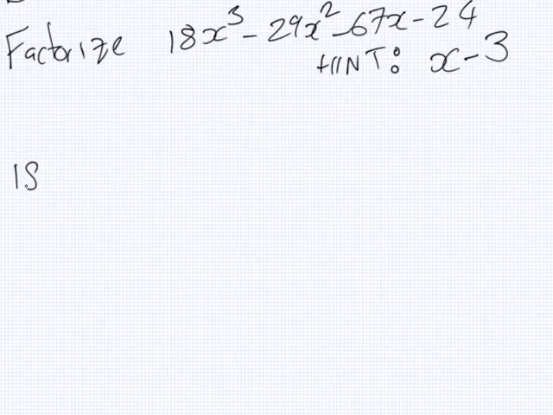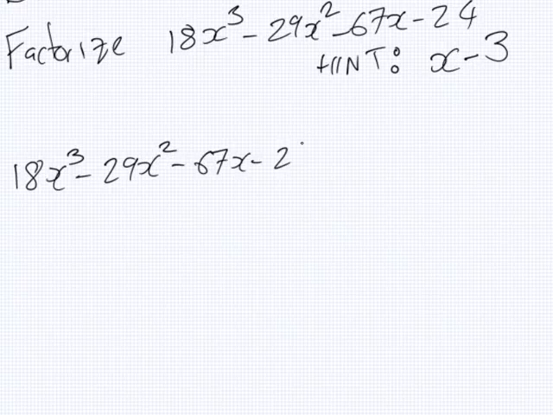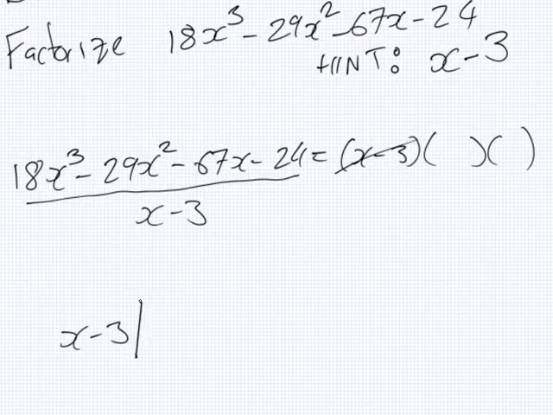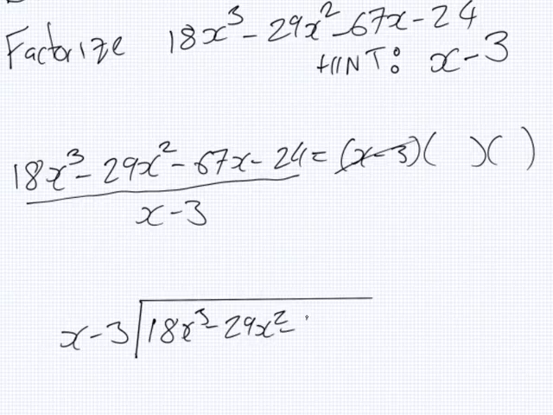So we have 18x cubed minus 29x squared minus 67x minus 24, and x minus 3 is a factor. So again, we divide by x minus 3 as normal. So that means we have x minus 3 divided into 18x cubed minus 29x squared minus 67x minus 24.